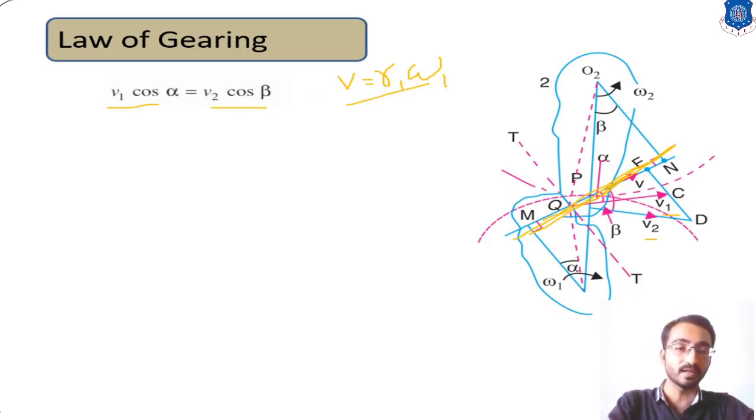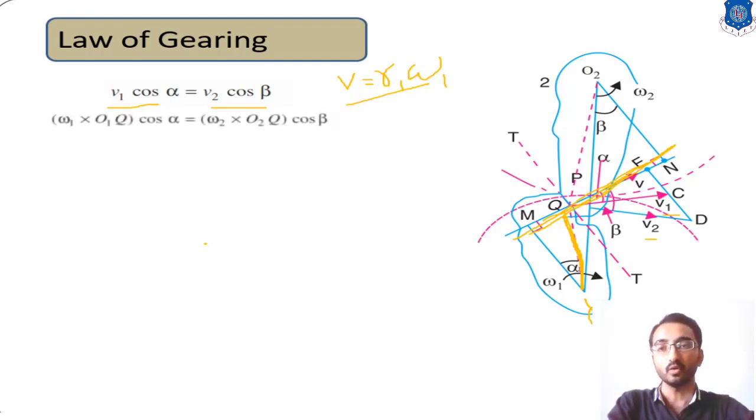Here O1Q is the radius for gear 1 and O2Q is the radius for gear 2. So omega 1 into O1Q cos alpha is equal to omega 2 into O2Q cos beta.